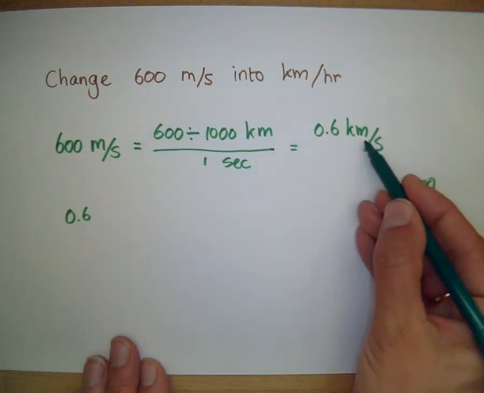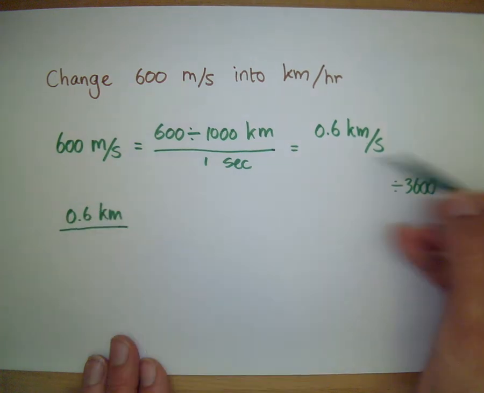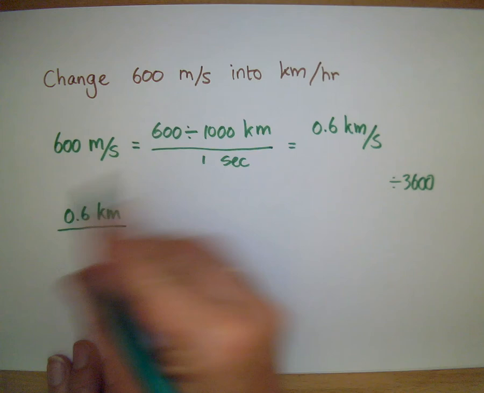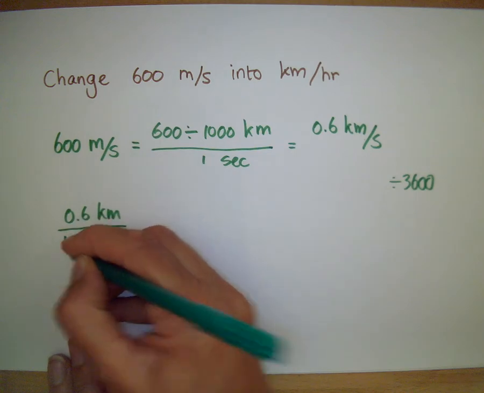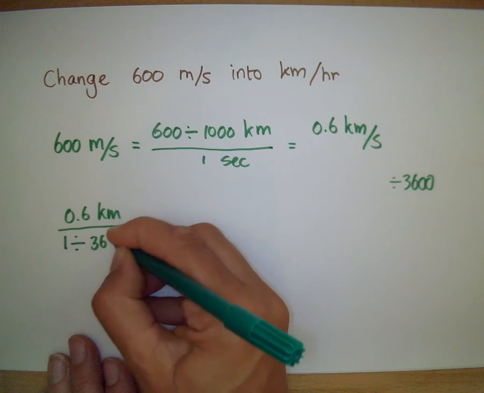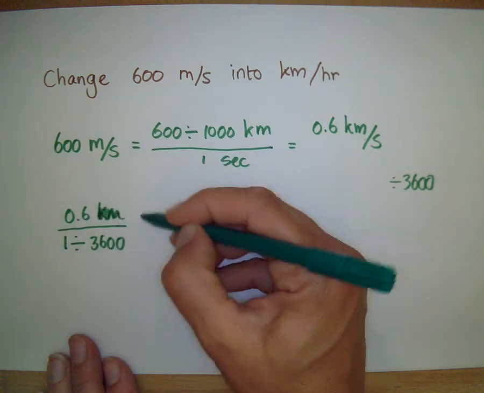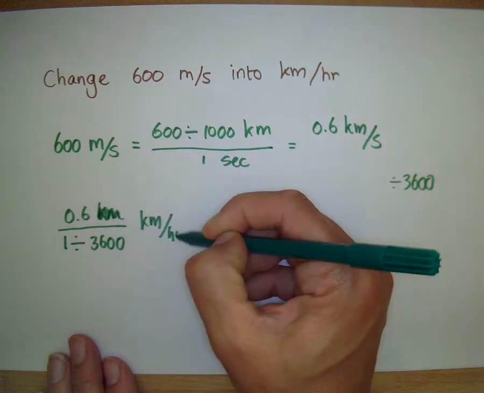I have 0.6 kilometers. And my seconds, I'm going to change to hours, so I'm going to say 1 second, but divide it by 3,600. That will give me hours. So this will be kilometers per hour.